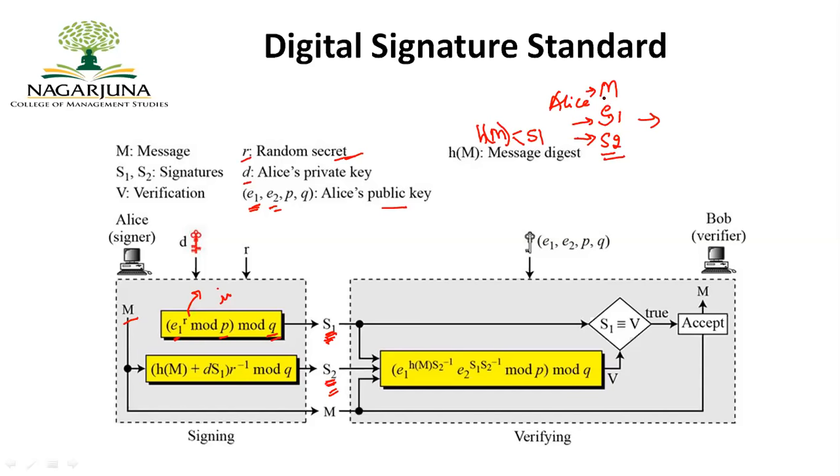Now Alice sends M, S1 and S2 to Bob. Bob receives all three, and now he verifies whether the digital signature sent from Alice is authentic, that is, whether the signature has been sent from Alice or not.